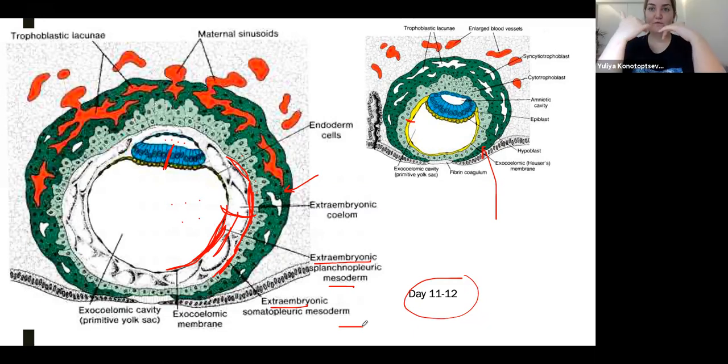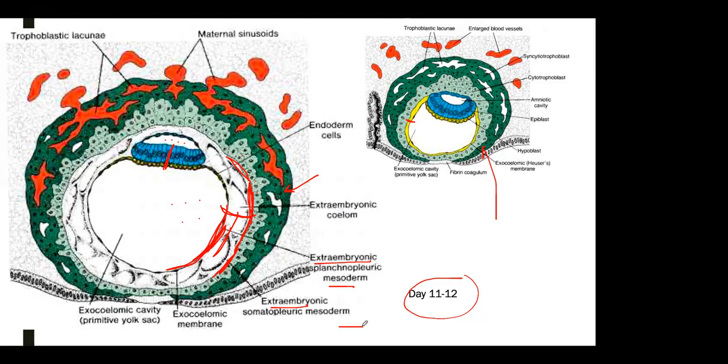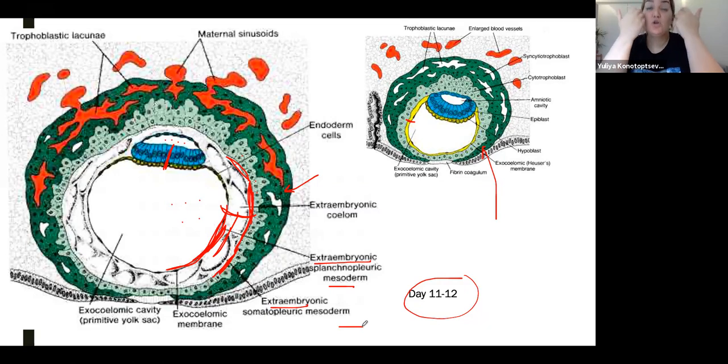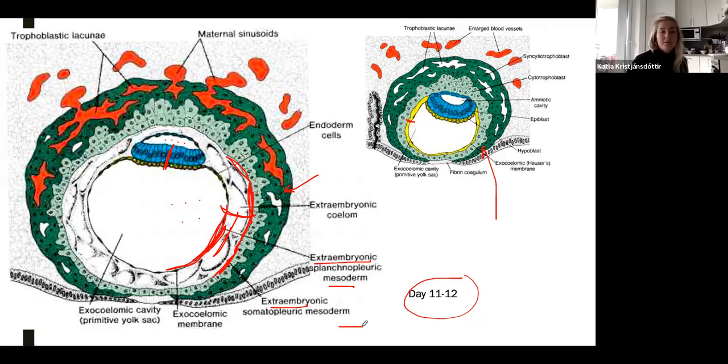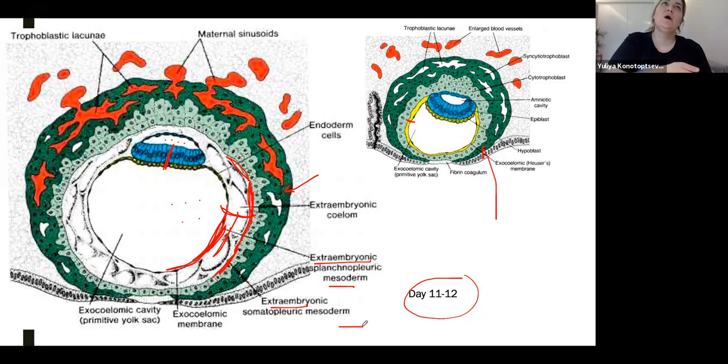You're right, just don't forget, it comes from the Heuser's membrane, and Heuser's membrane comes from the hypoblast. So technically, you're right to say that it comes from hypoblast, it's just a bit incorrect. You have to say that it comes from the Heuser's membrane, which in return comes from the hypoblast.